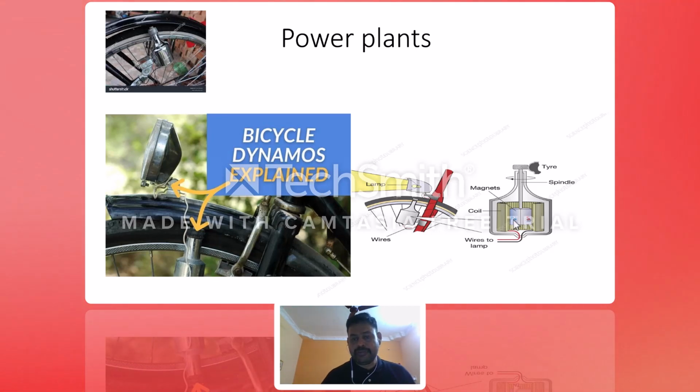So according to Faraday's law of electromagnetic induction, if there is a relative movement between the coil and magnet, EMF is generated. So the generated EMF is tapped out, and it is helping us to light a lamp. So this is the bicycle headlight for us.